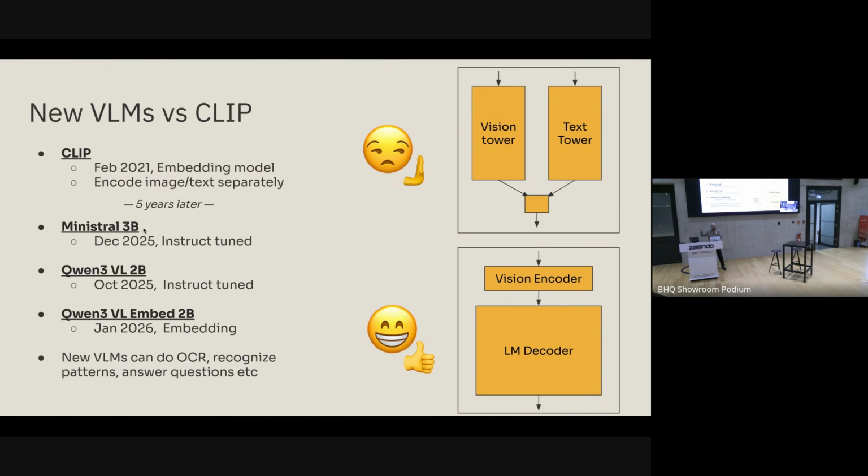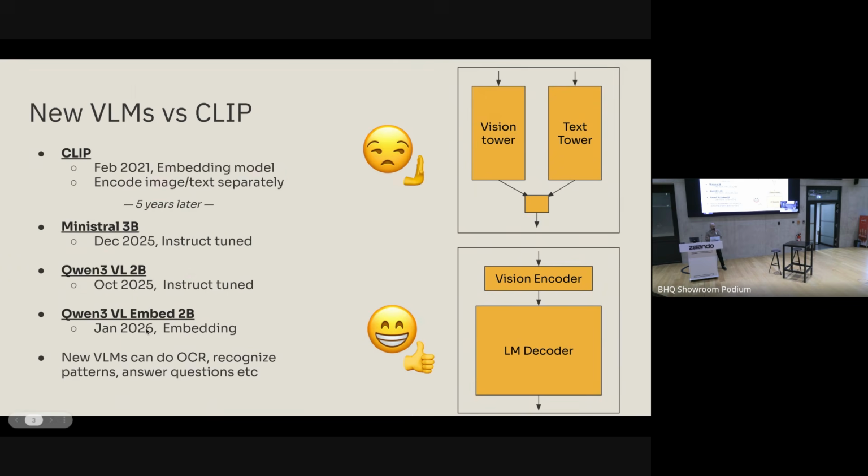And fast forward 5 years, just in the last 3 months, we've seen some really good, impressive, small VLMs that have been released. Notably, we have Ministral 3B. Mistral AI's model names are always the toughest to pronounce. Qwen3 VL, also a 2 billion parameter model, instruct-tuned.